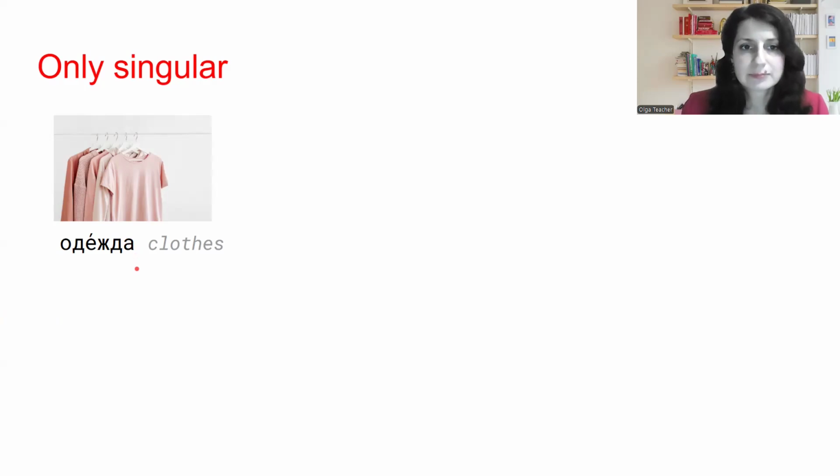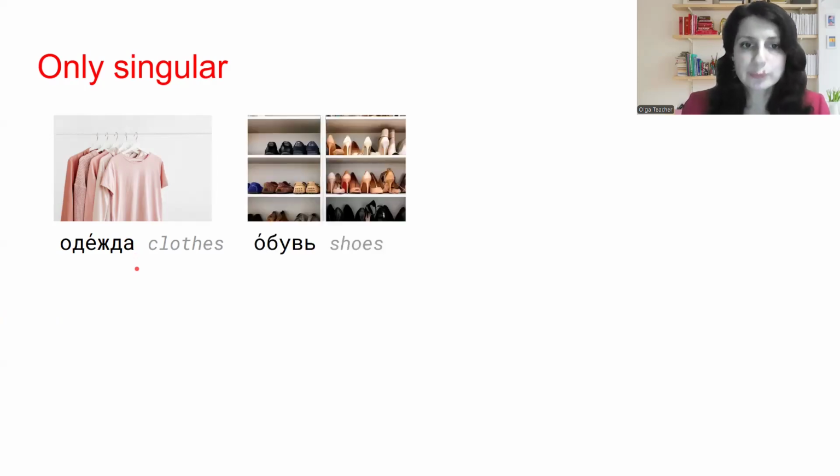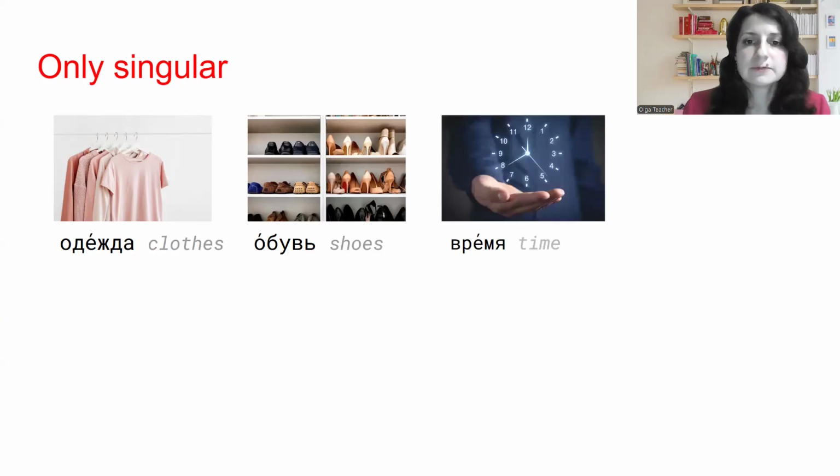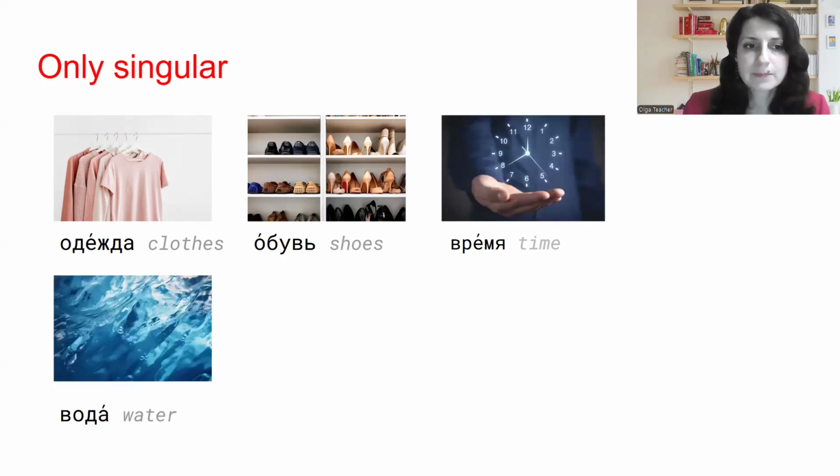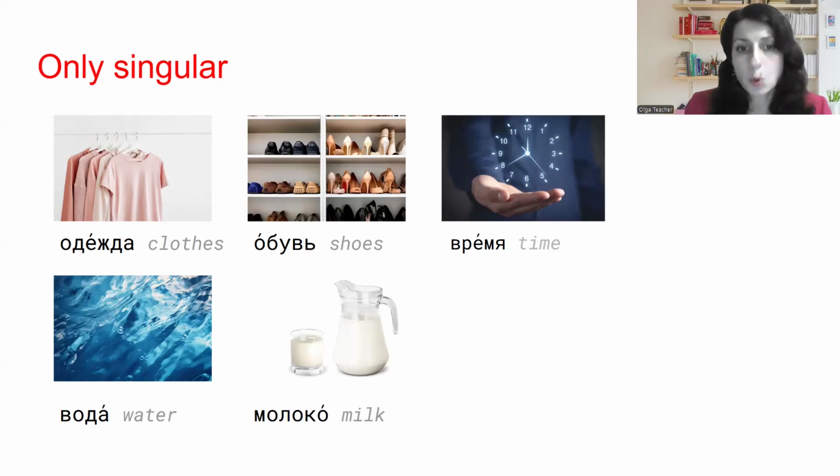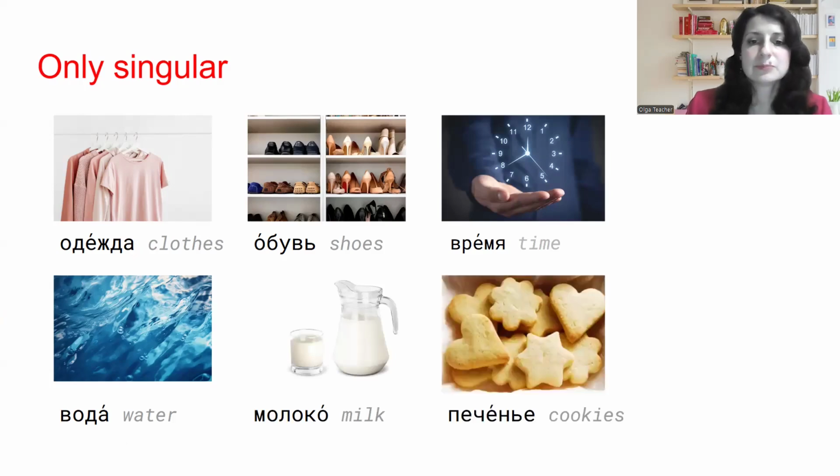Одежда, обувь, время, вода, молоко, печенье. So they don't have a plural form. They can be only singular.